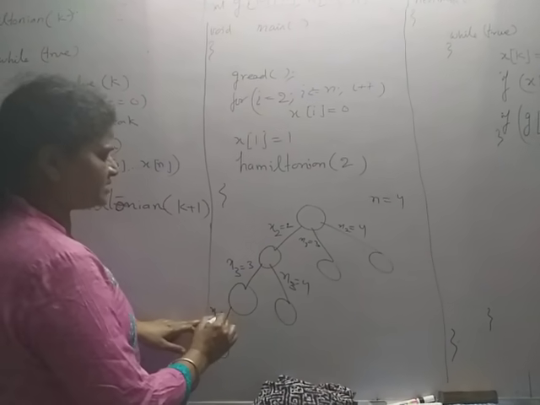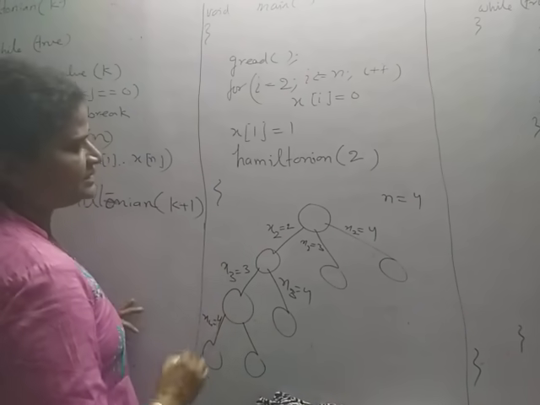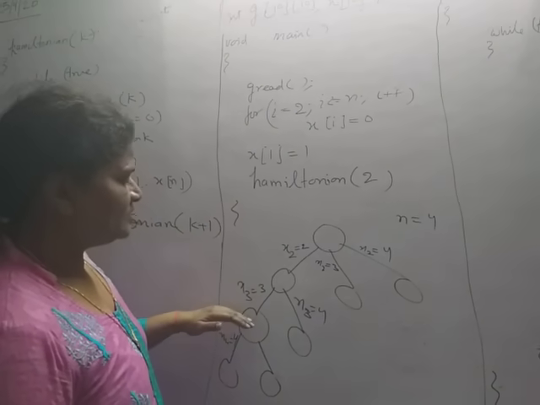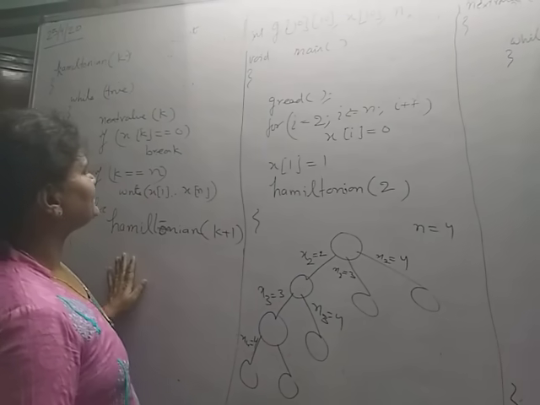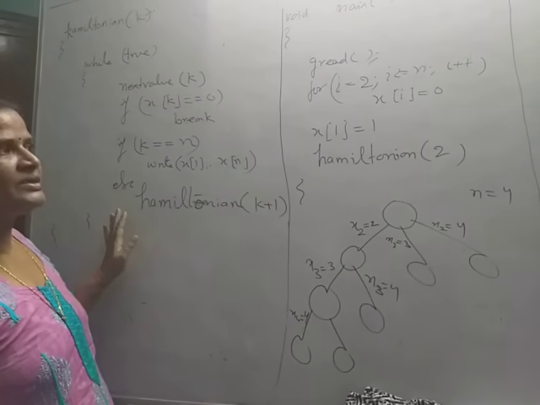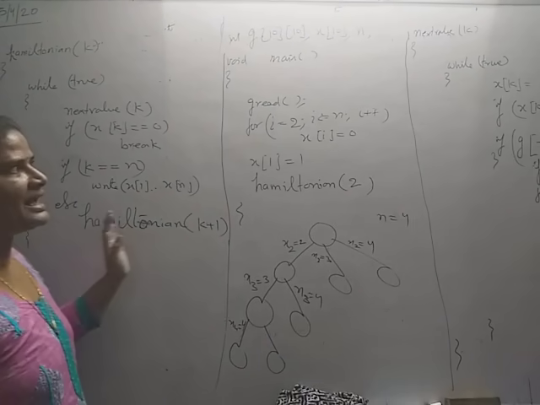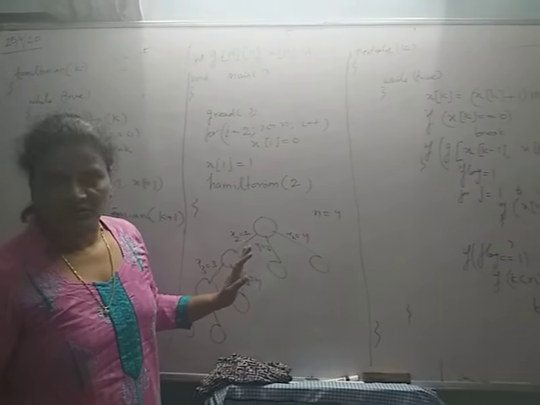In this way the nodes will be generated, and you can trace the program like M coloring by taking the stack and calling the next value function from Hamiltonian.